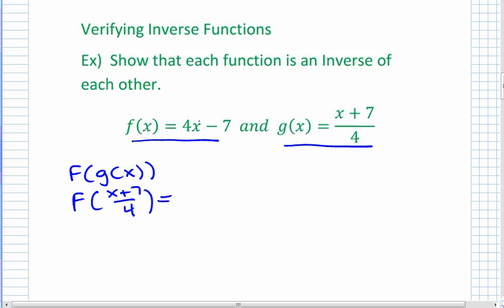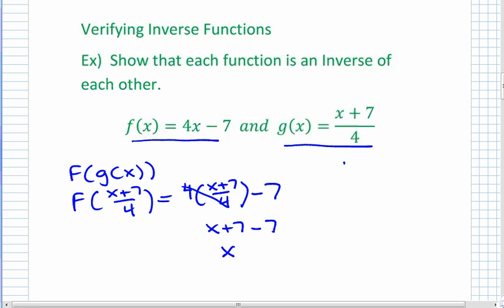And now I'm going to put that into the f function. So 4 times x plus 7 over 4 minus 7. Notice 4 times this cancels the 4's out. So you have x plus 7 minus 7. The 7's cancel out, so you're just left with x.